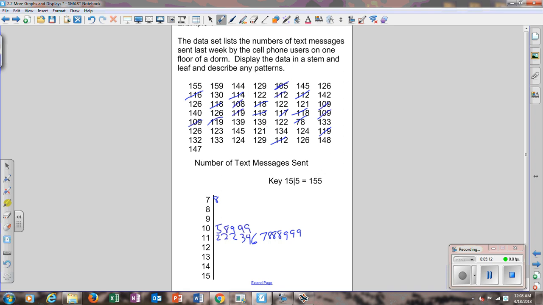Let's see, a 121. There's one of those. There's two of those. So two ones. Look at 122, 123.